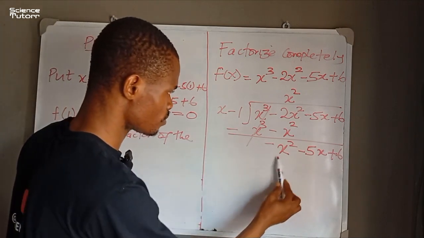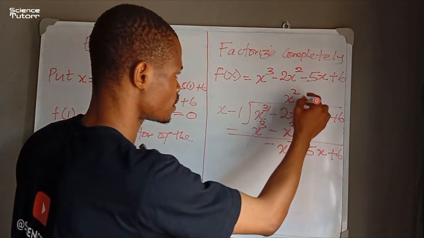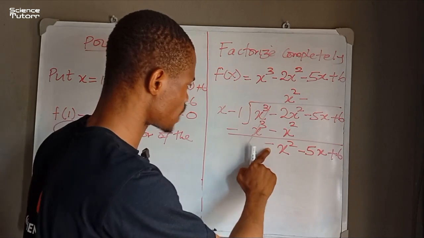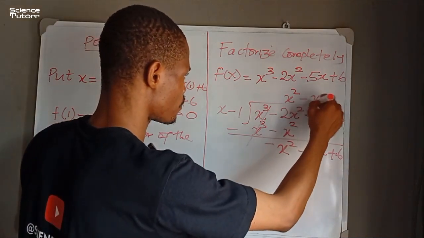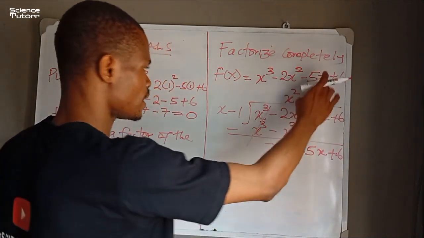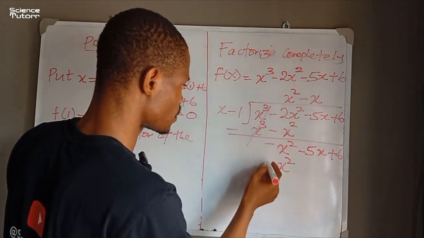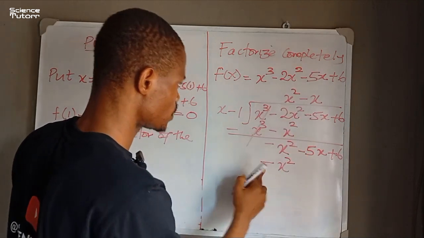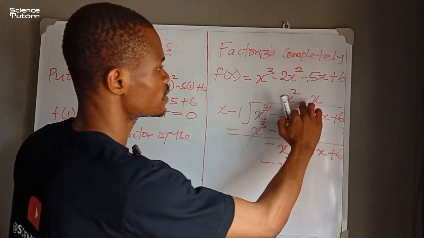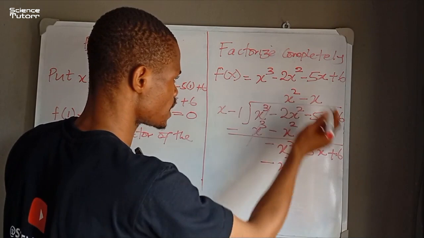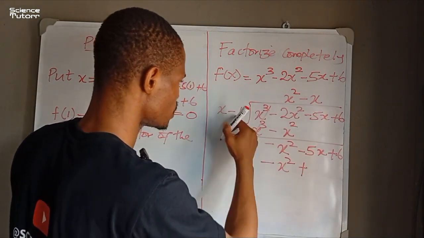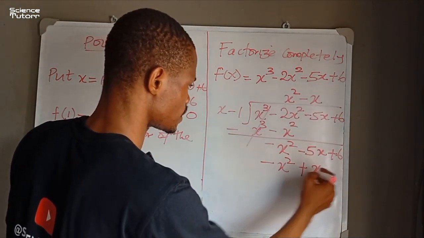X into x squared, this is minus because of this sign. So we have x, we multiply x times x, then x squared, obeying our sign convention. This is a minus. So we have minus 1 times minus x. Minus minus is a plus. Then 1 times x is an x.